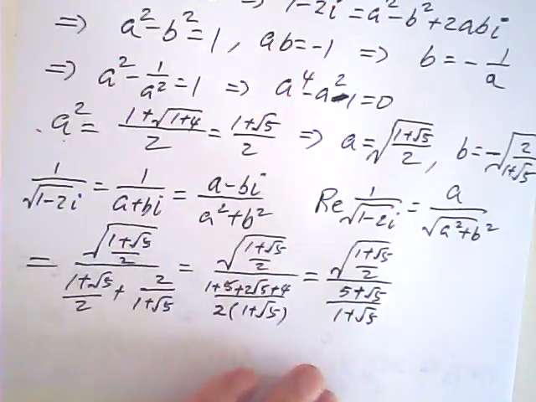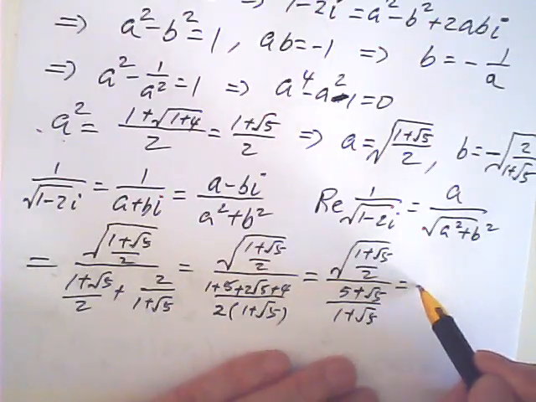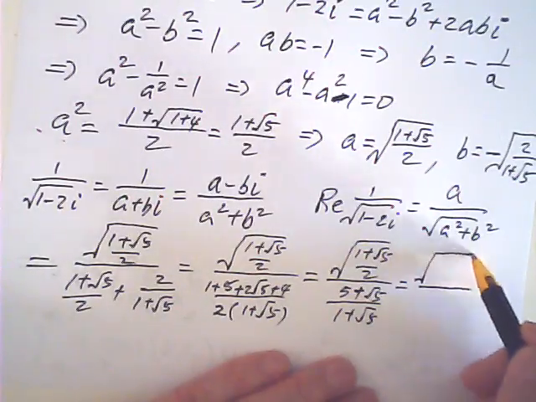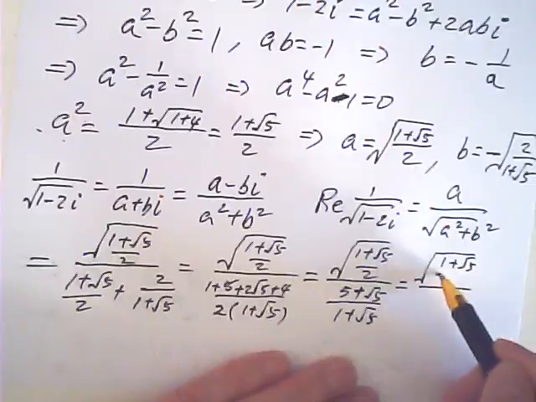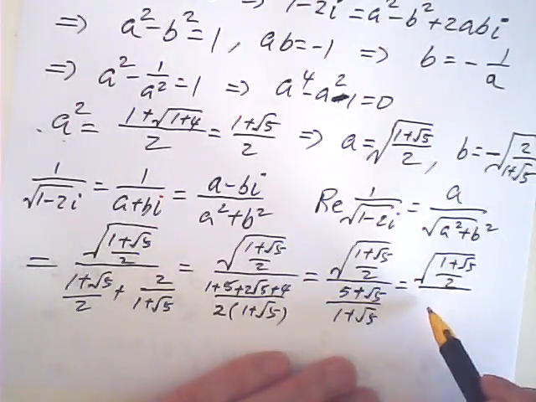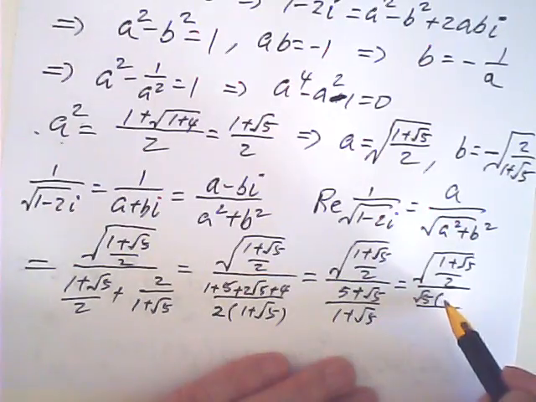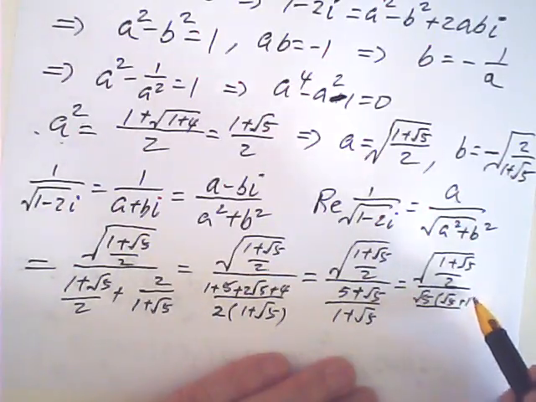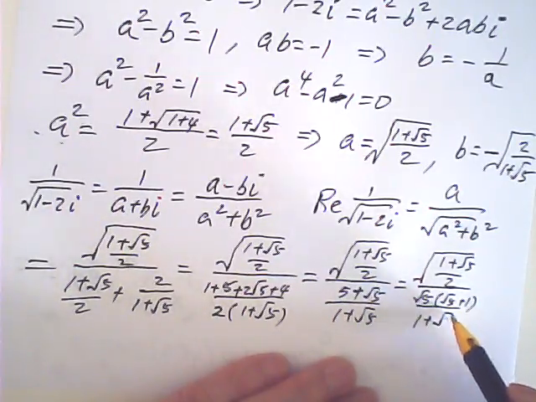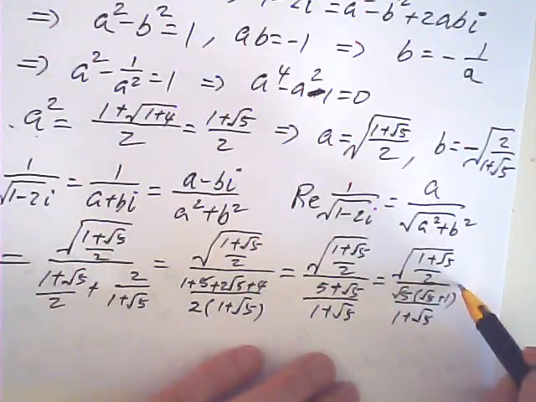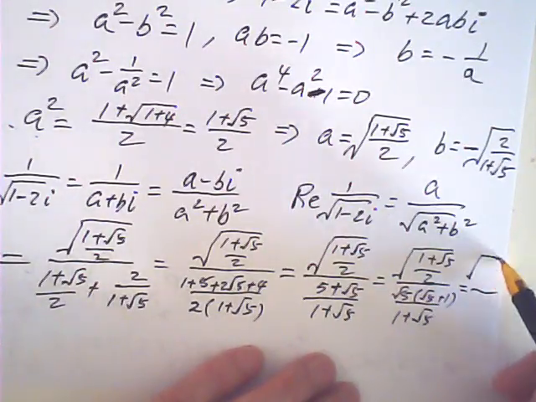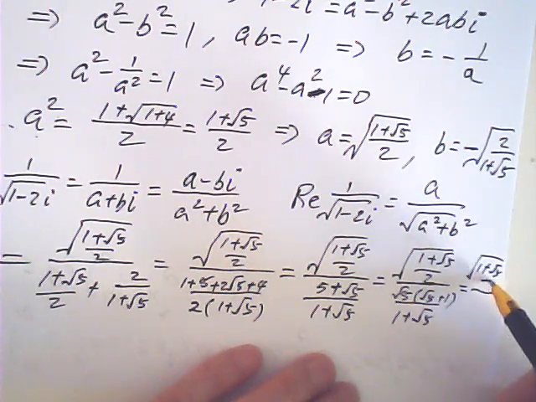Cancel 2, the 2 is cancelled out. Take root 5 out. This is equal to root 5 times (root 5 plus 1) over (1 plus root 5). So it's been cancelled out. So this one equals 1 plus root 5 over 2.